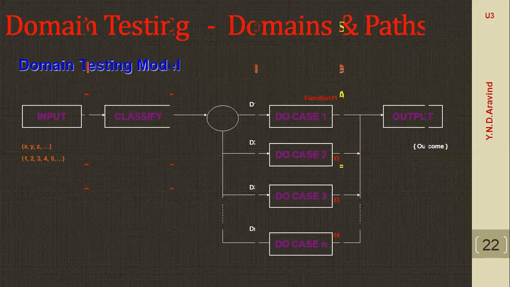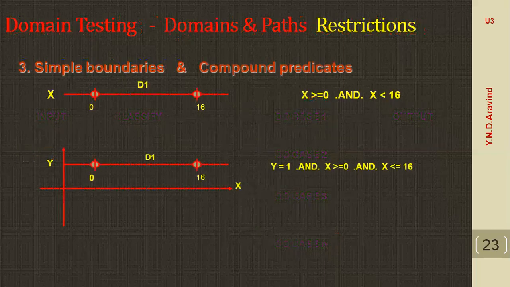And the next one is simple domain boundaries and compound predicates. In a compound predicate, each part of the predicate specifies a different boundary, which is not a problem. For example, if x greater than or equal to 0 and x less than 16, which just specifies two domain boundaries by one compound predicate.